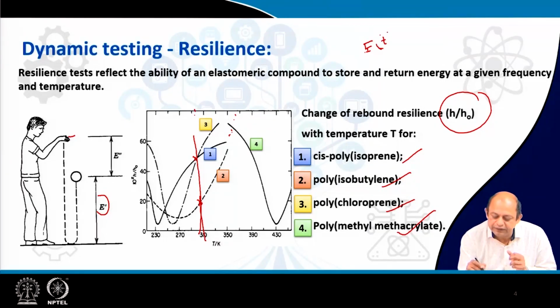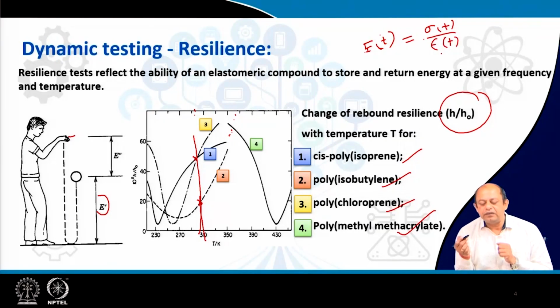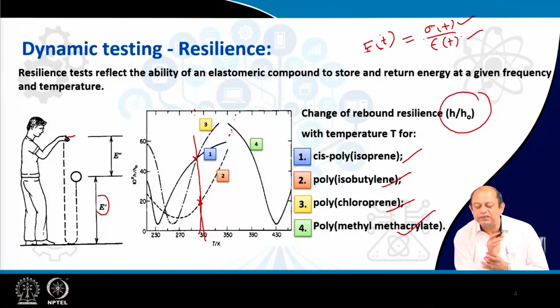So E(t), which is a modulus, equals sigma(t) by epsilon(t). As I mentioned, you can run the experiment in 2 ways. One is the transient way. Transient way means that out of these 2 parameters, sigma or epsilon, you make one instantaneous, that means at time t equals 0, you make it time independent.